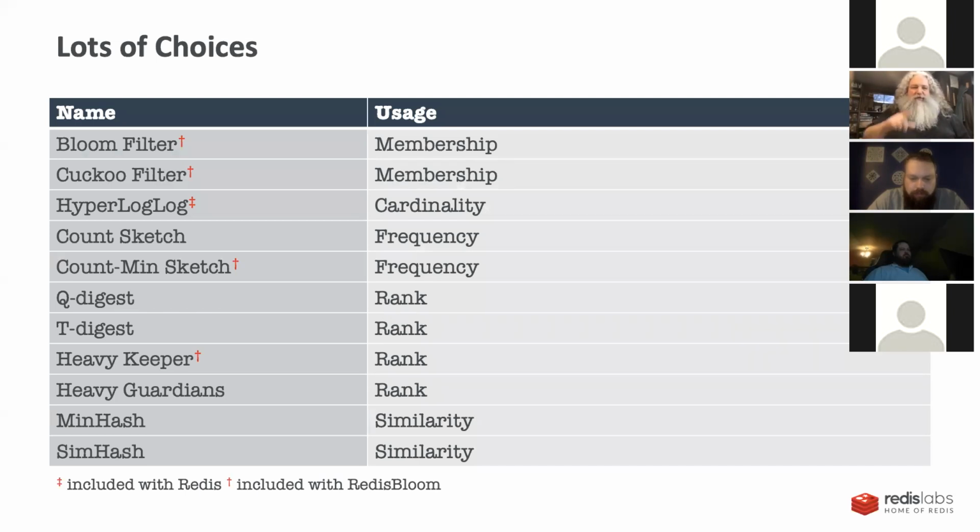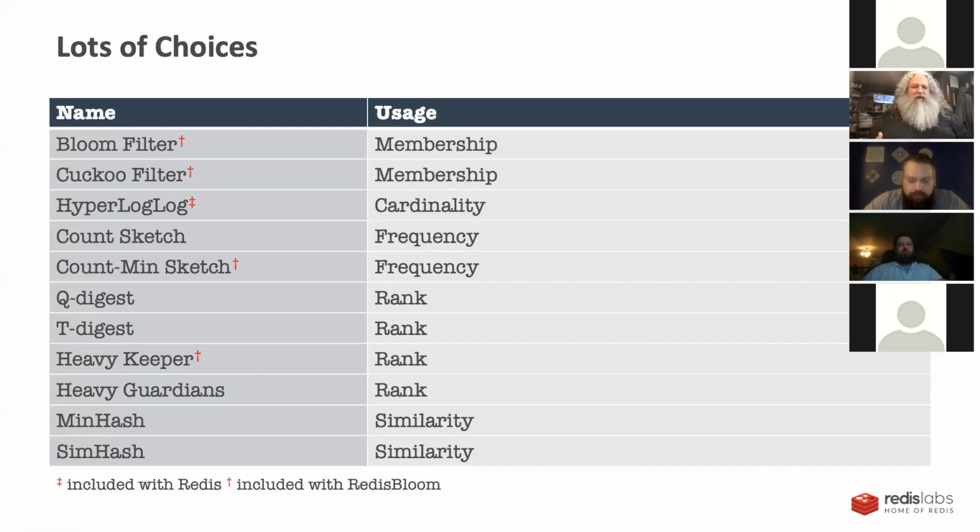If there's a little double dagger, that means it's included with just stock Redis. So Bloom filters and cuckoo filters allow you to check membership. You've got HyperLogLog, which only allows you to get the cardinality of a set, the number of items in it, but doesn't let you check membership or get back the values that are in it.